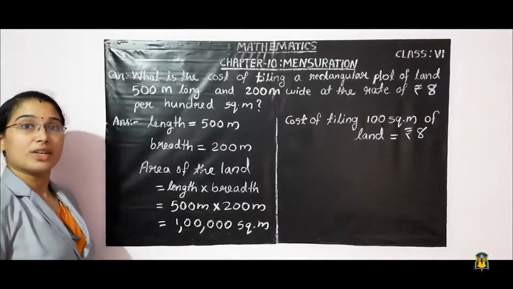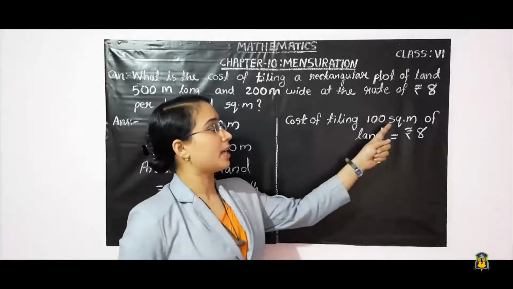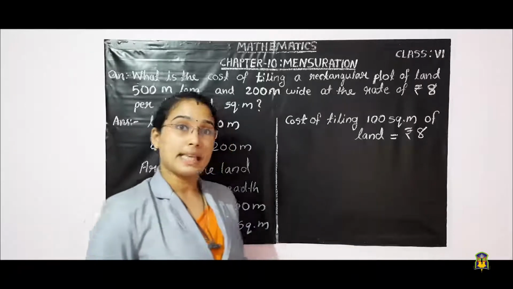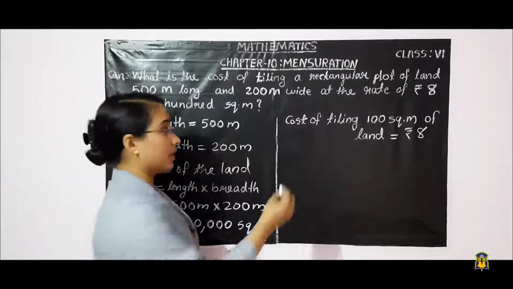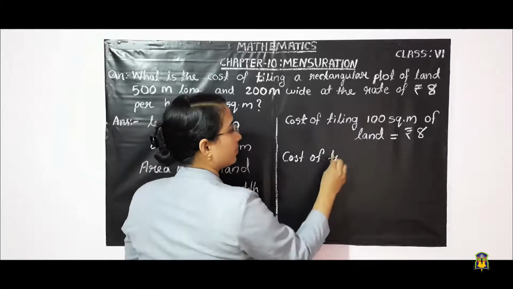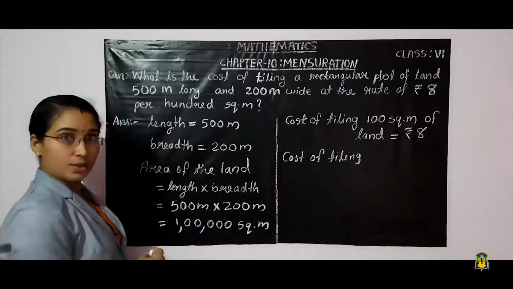Then we want to find out the cost. For that, first the cost of tiling 100 square meter of land is already given in the question. That is rupees 8. Next we can find out the cost of tiling our total area. What is our total area? That is 1 lakh square meter.